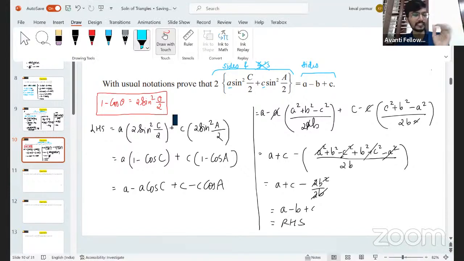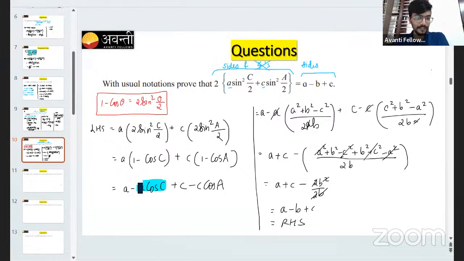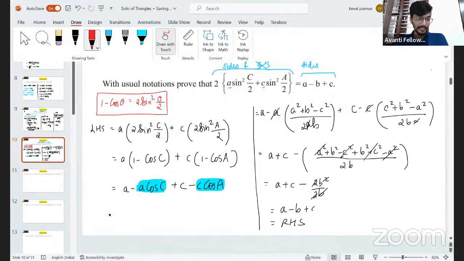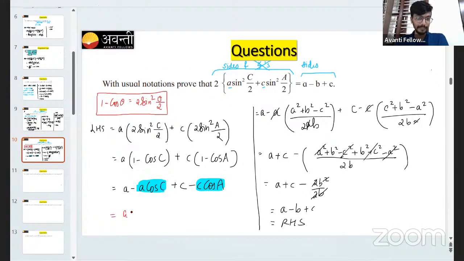If you are paying attention, what should you have told me? You should have told, sir, I see A cos C here. Do you remember the format? A cos C, C cos A. See, it is the hint of using projection rule. So if A plus C, I'll group it together, I'll take minus common.